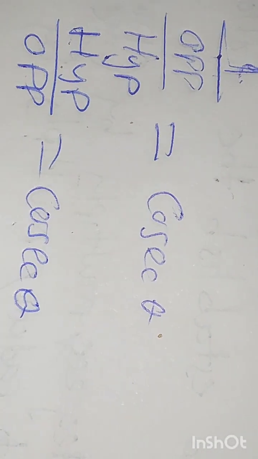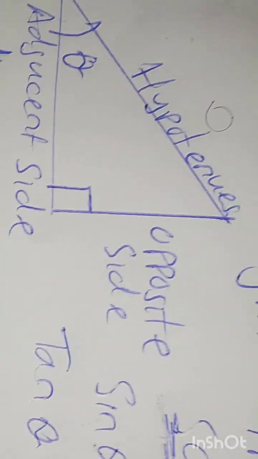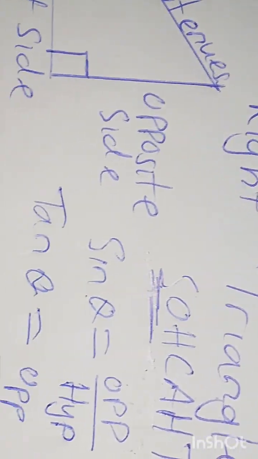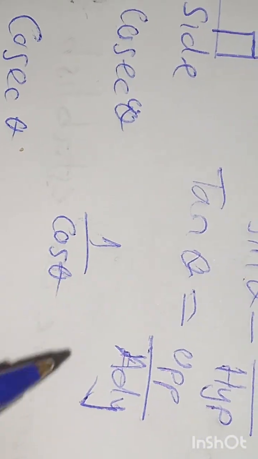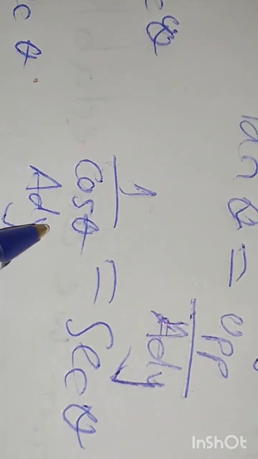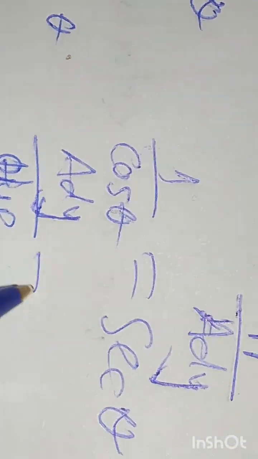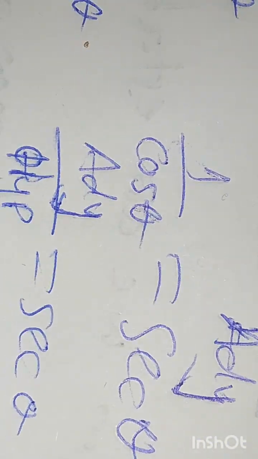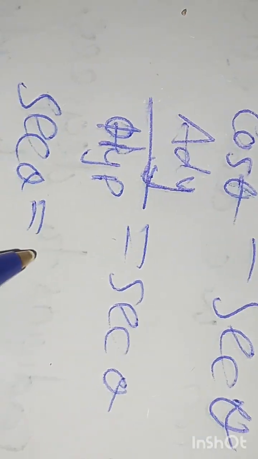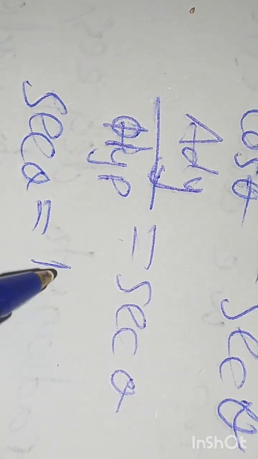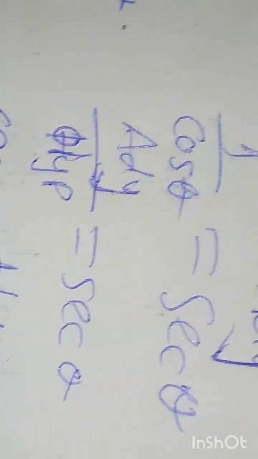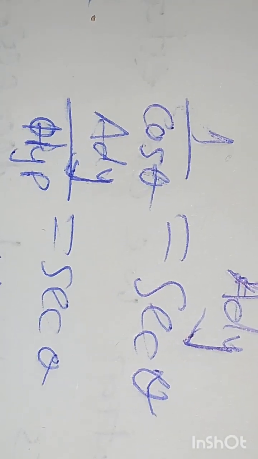Then we also have cos. 1 over cos theta gives us sec theta. Cos theta is adjacent over hypotenuse, so sec theta is therefore hypotenuse over adjacent.